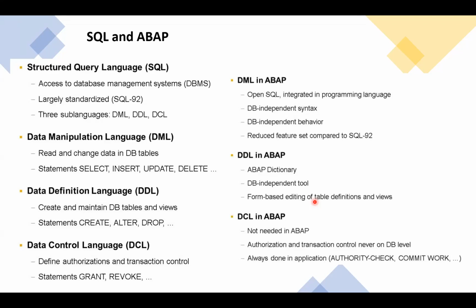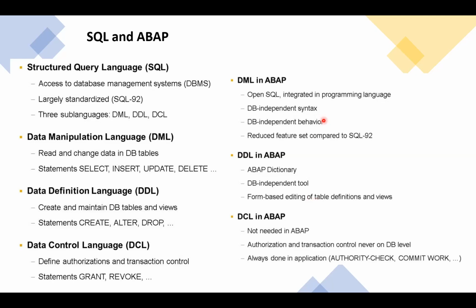CDS views are completely SQL. It's a mixture of open and native SQL. It's not completely open SQL that we use in our ABAP, and it's not native SQL that we use on the HANA database. So it will be a mixture.